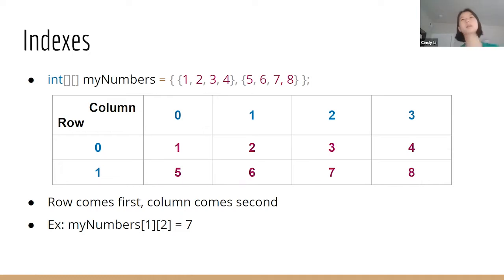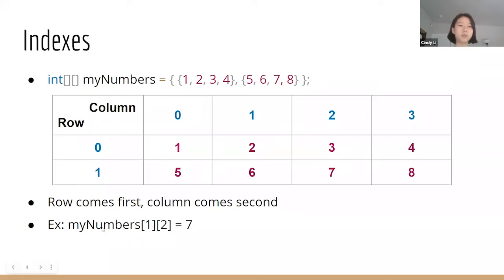I don't know how many of you have learned about graphs and X and Y axis, and I don't know if it would help you to think of it as like a graph where there's an X and a Y axis. But basically, you can think of the rows as the X axis, the column as the Y axis, and you know how the X axis always comes first when you refer to a point. It's similar like that. Row always comes first, and then it's the column.